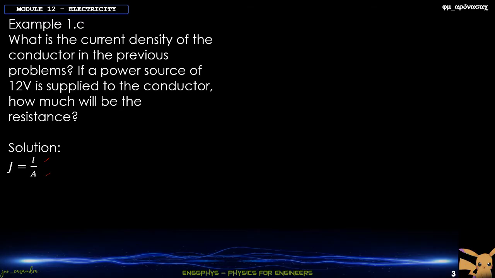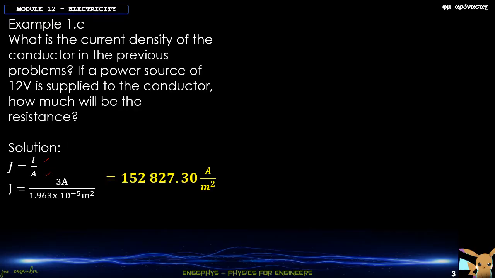So just substitute the values of I and A. We'll have 3 divided by the area, 1.963 times 10 raised to negative 5. The current density of our conductor is now equivalent to 152,827.30 amperes per square meter.